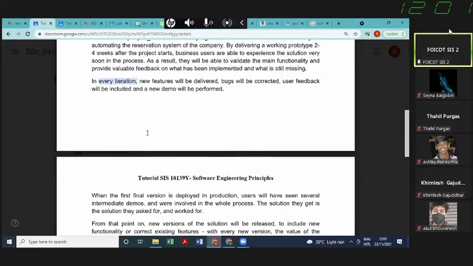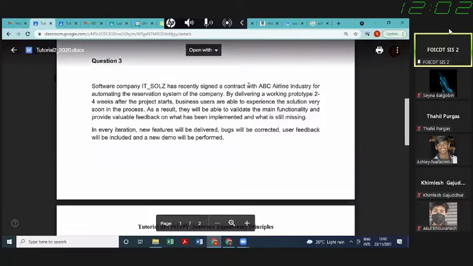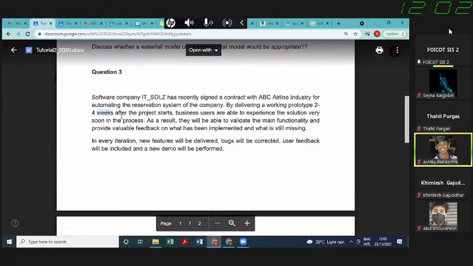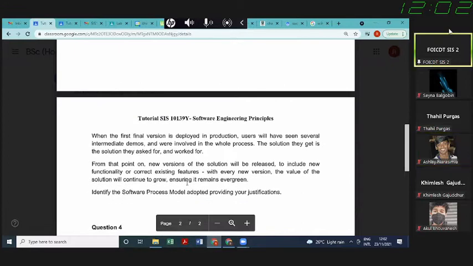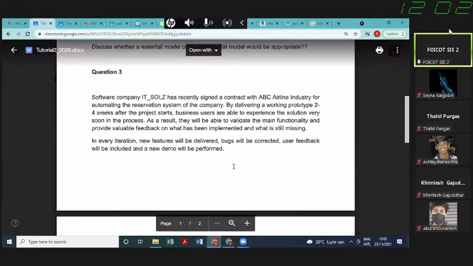I cannot replace the word story by another word, because it is the technical term used in agile. If we had stories here, then for sure it would be agile. But of course, iteration, rapid delivery, 2 to 4 weeks, I would accept agile also for question number 3. Is that okay?